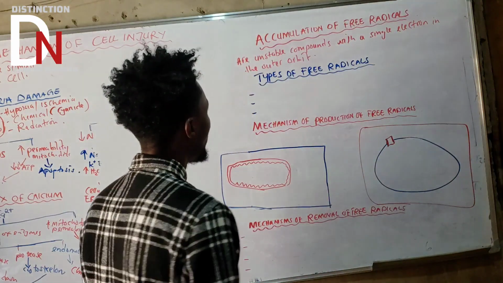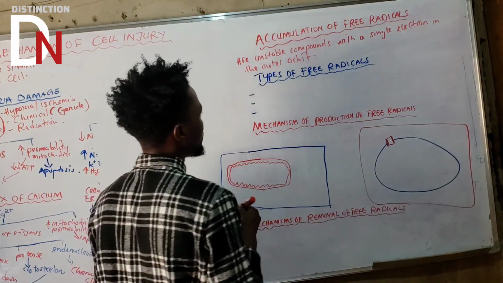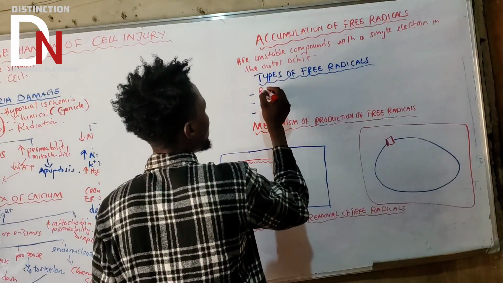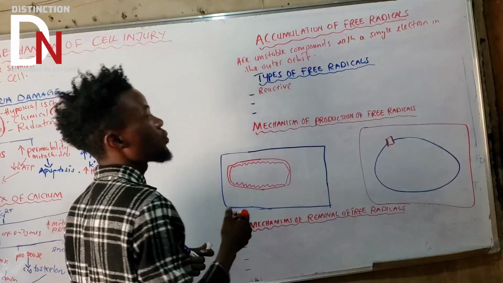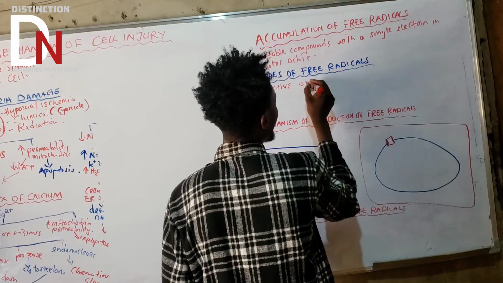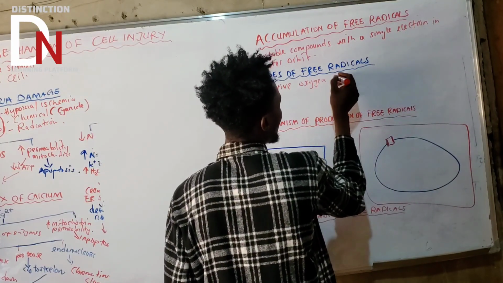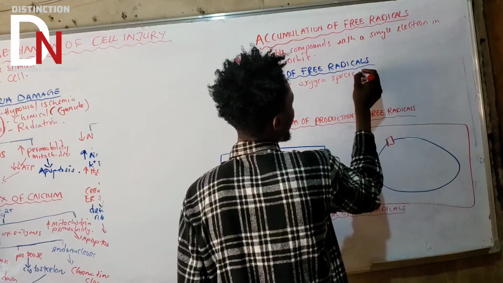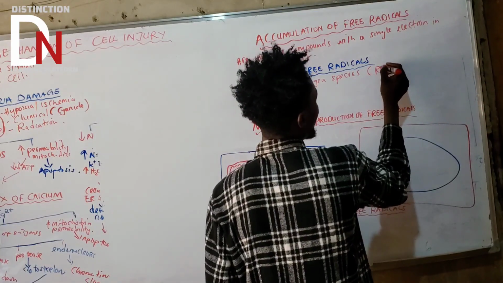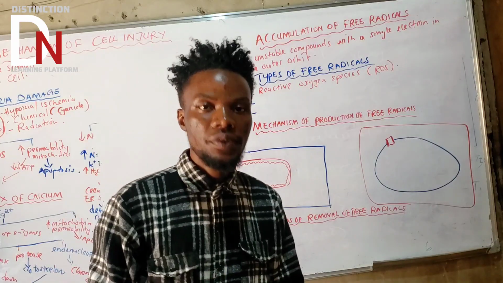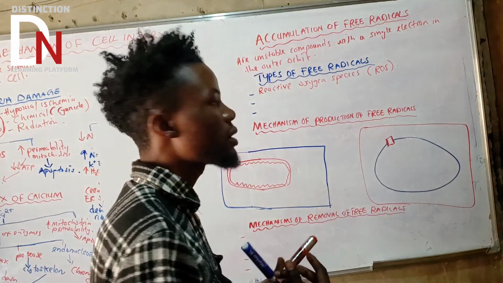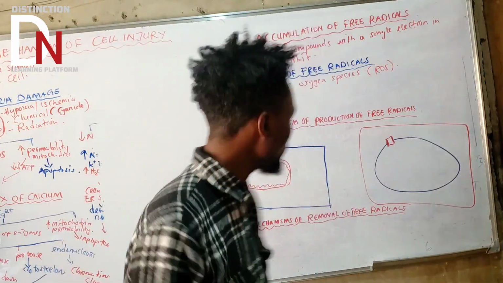So the first type of free radical is reactive oxygen species, or ROS, or oxygen-derived free radicals. That's the first one because they contain oxygen.